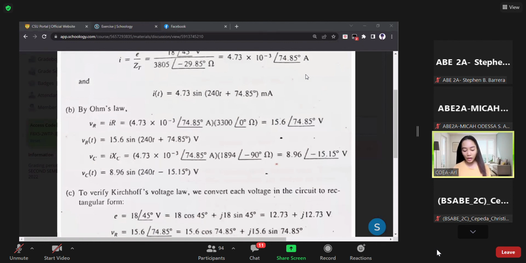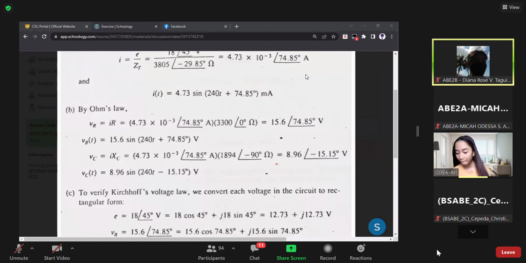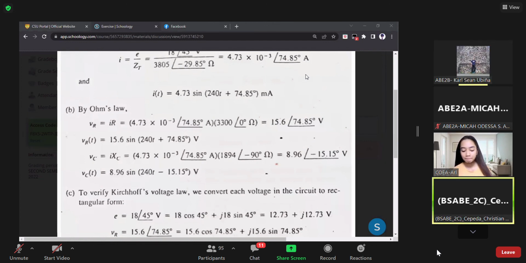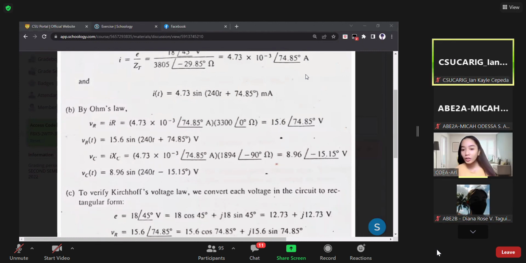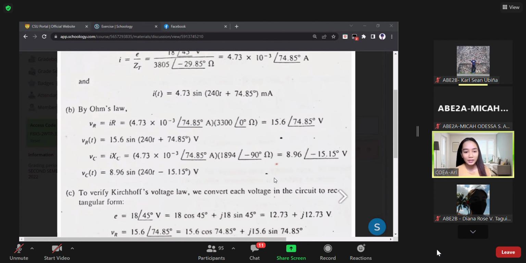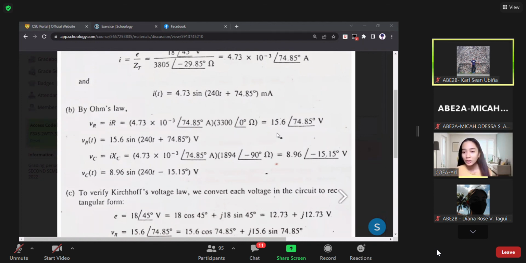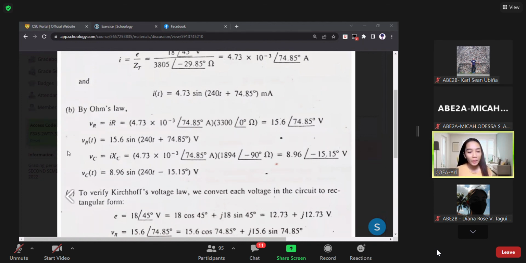Ayan. So, how about the angular form? 74.85, ma'am. Okay, 74.85. Yung angle niya, what about the magnitude? 15.609. 609. Ayan, tama to. Tama pa rin to. How about the voltage drop across the capacitor?